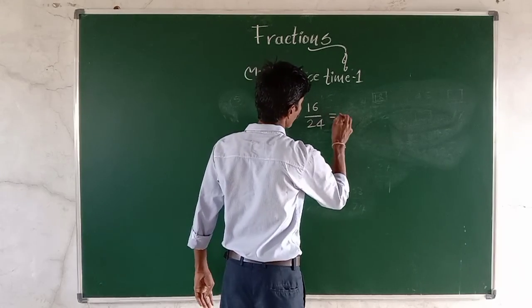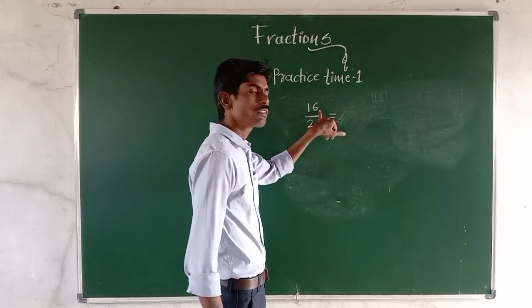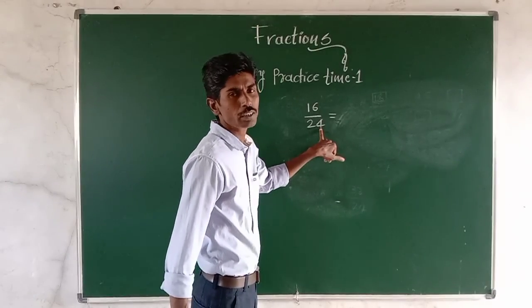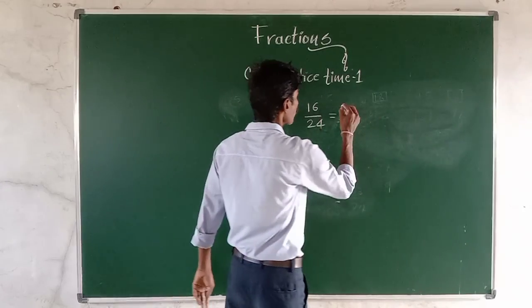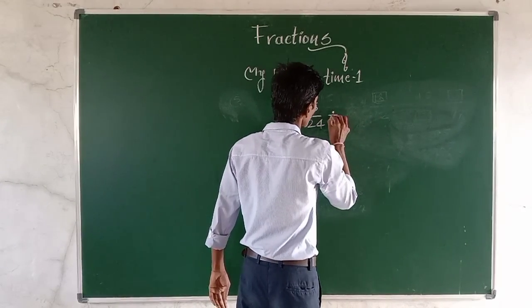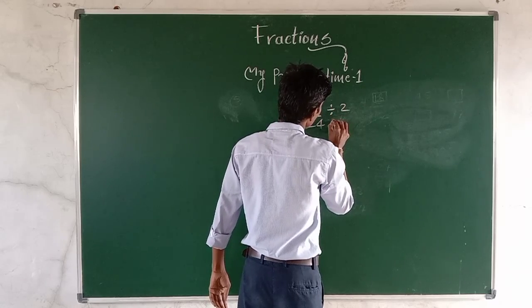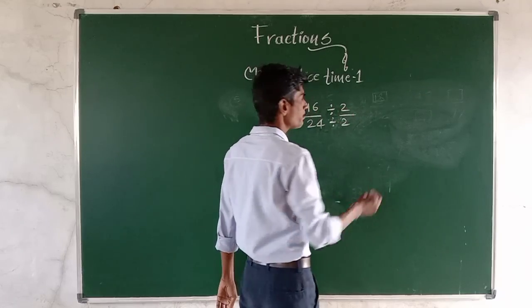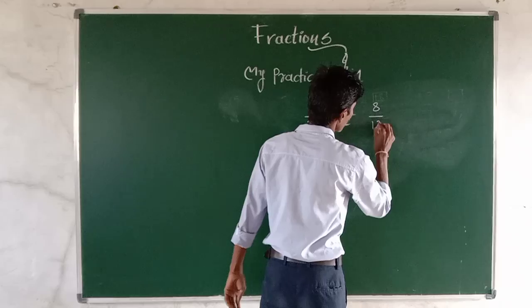This 6 is in the unit place of 16, and 4 in the unit place of 24, so we can divide 16 as well as 24 by 2. 16 divided by 2 is 8, and 24 divided by 2 is 12.